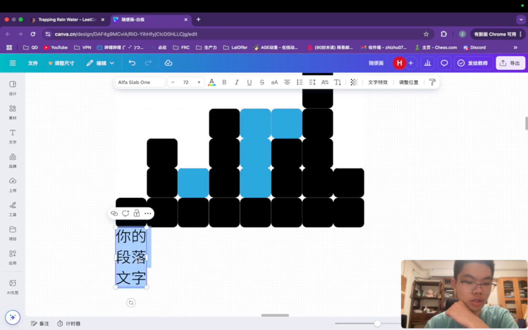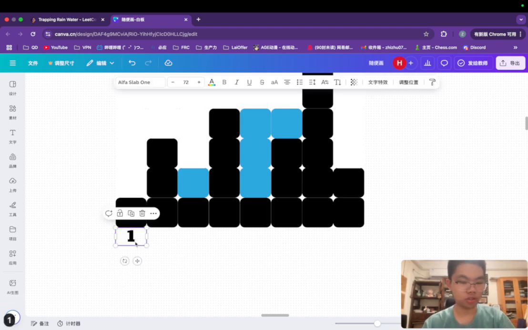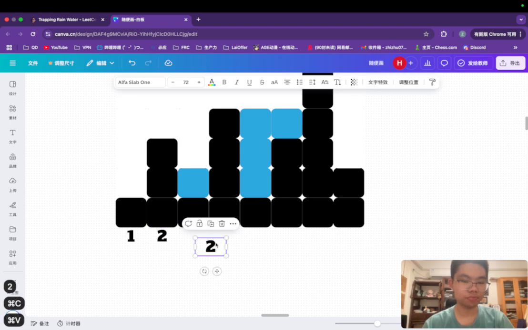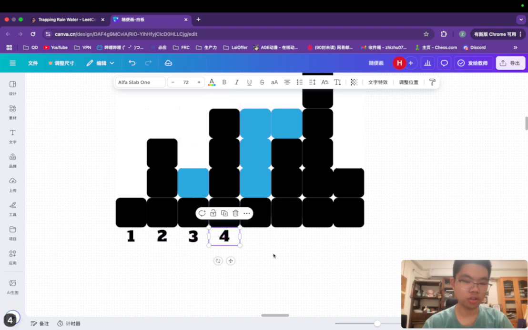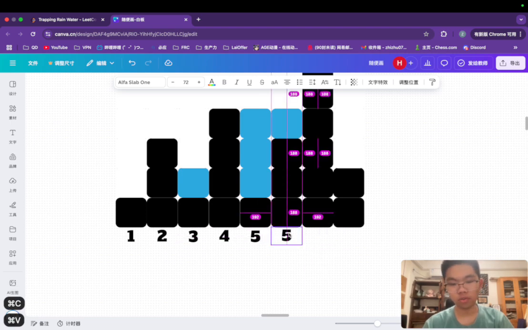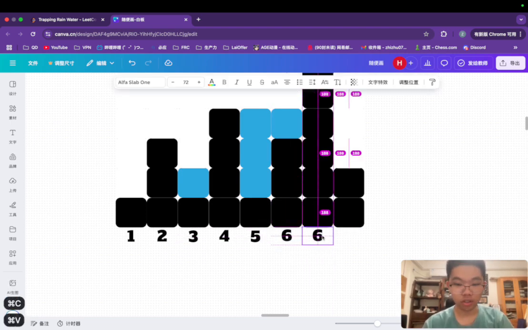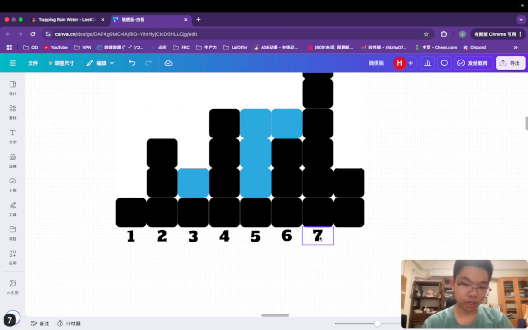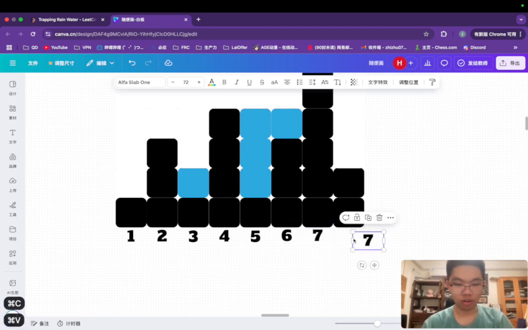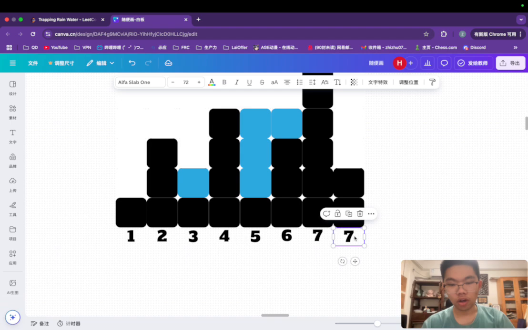So for each position, position 1, position 2, position 3, position 4, and position 5, 6, 7 and 8. So we want to calculate the water trapped by each position, and then we add it up, which will give us the final answer. So how can we do this?